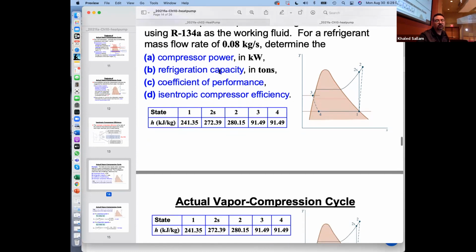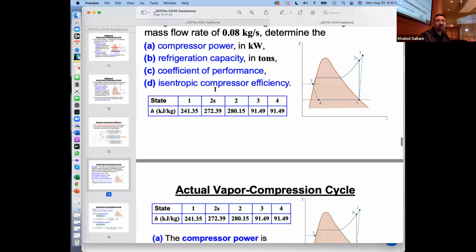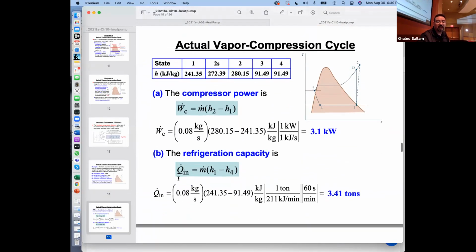So what is refrigeration capacity? Which one is that? Is it Q dot L or Q dot H? What do you think? Refrigeration capacity? Q dot L, right? That is how much you are pulling from the cold place, Q dot L. So the refrigeration capacity is m dot times H1 minus H4, right?